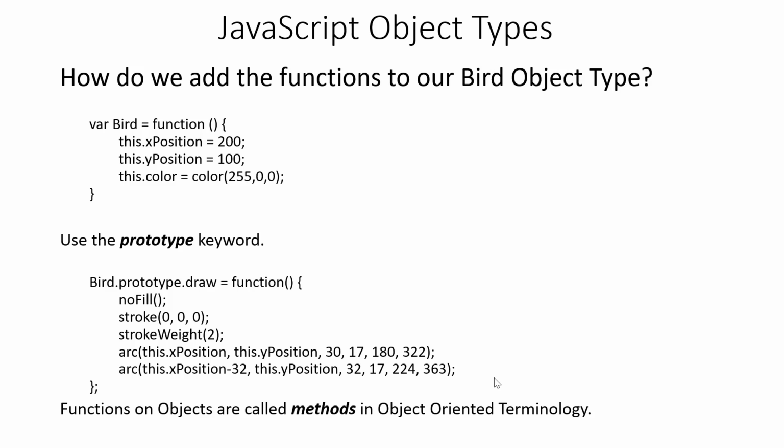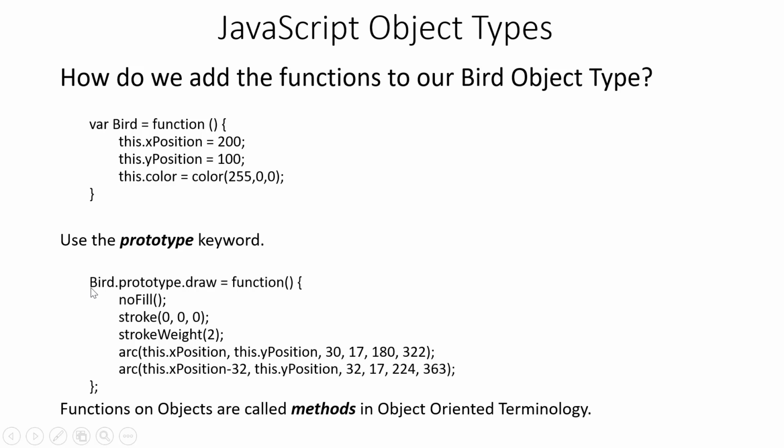So now we have this Bird object type, and how do we add a function to it? Well, as we talked about, we want to be able to have the bird be able to draw itself. So I want to add a draw function. Well, Bird is my object type, and in order to create a function that can be called for any bird, we use this keyword prototype.